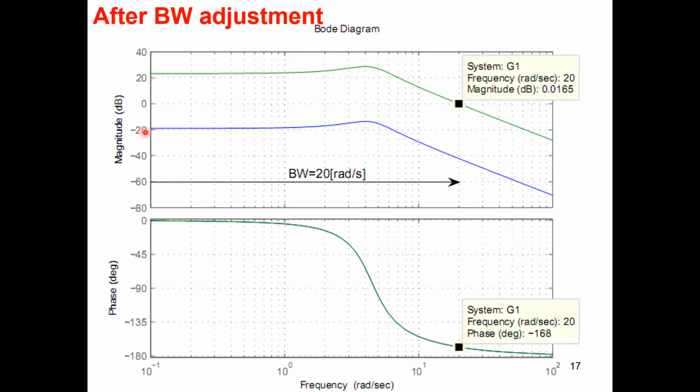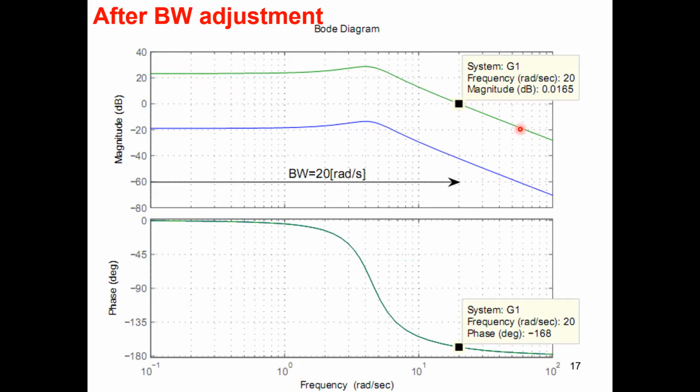Okay, so this black line here, the magnitude curve, is what was there initially, and this green one here is parallel to the black one but elevated by the additional gain K. It is a constant gain, so all the frequencies will have additional gain because of that. It is a frequency independent gain.